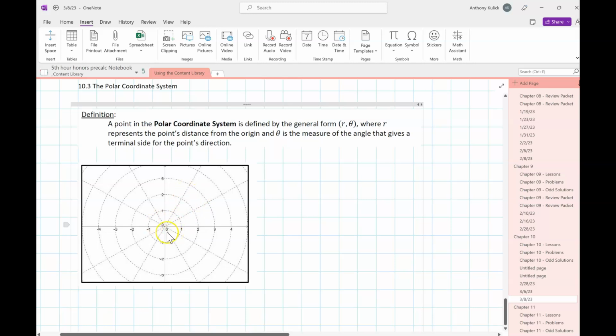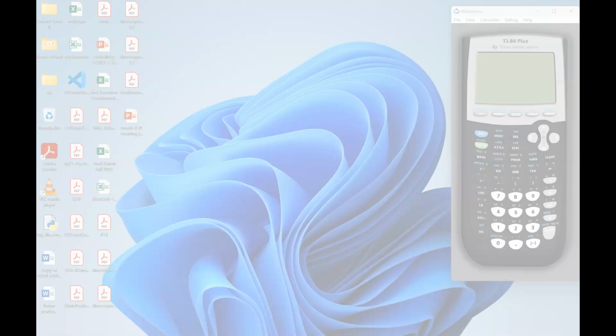So it's 30, 60, 90, 120, 150, 180, etc. Everybody's okay with that? So let's use this here and practice graphing some of these.